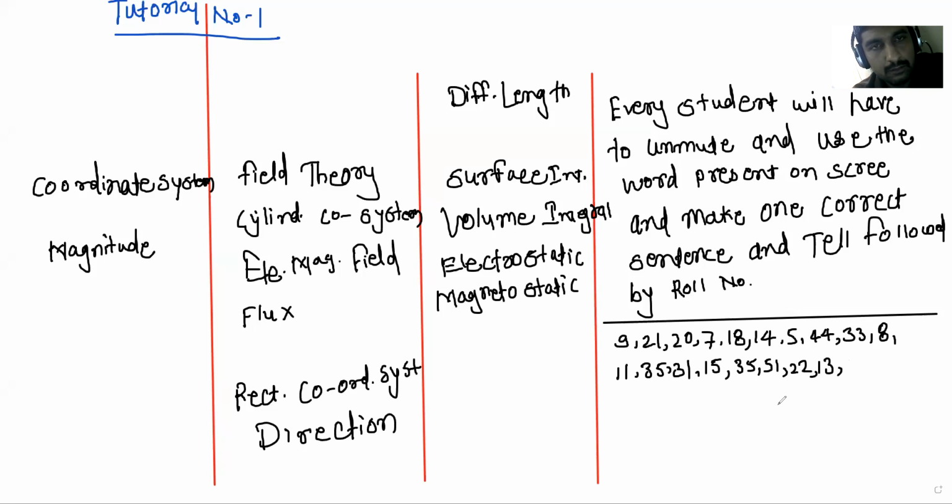Still 12, 13 words are there. And how many roll numbers? Exactly. 12 students. You have 13 words.